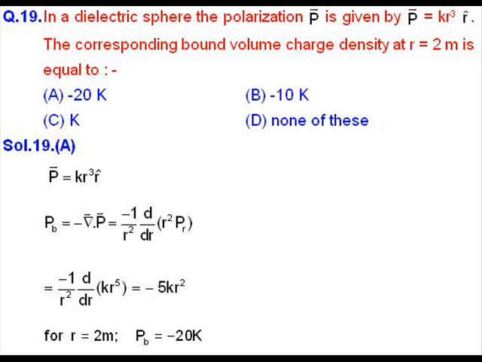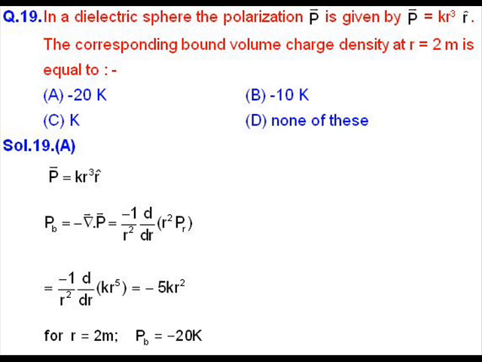Question number 19. In a dielectric sphere, the polarization vector P is given by P vector equals K r cube r cap, where r cap is a unit vector along the radius. And in this question, we have to find the bound volume charge density at a distance r equals 2 meter from the origin of the dielectric sphere.